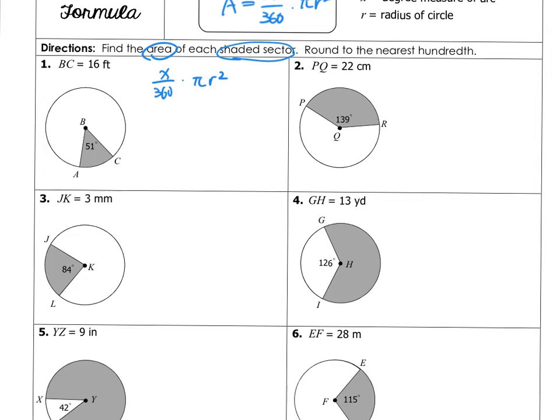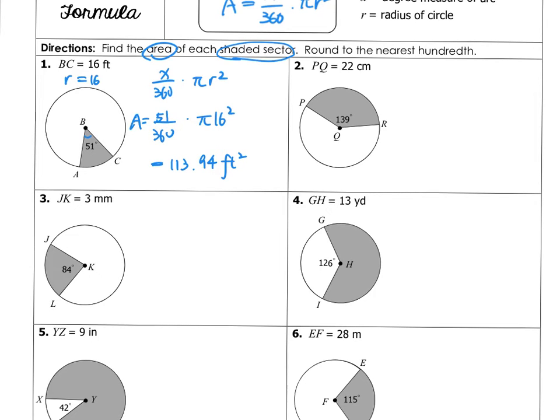That's the formula. I'm told BC, which is my radius, is 16 feet, so I just plug it in right there. Do I know my central angle? 51 over 360. That's area equals 51 over 360 times pi r squared, and that should give you approximately 113.94 square feet.